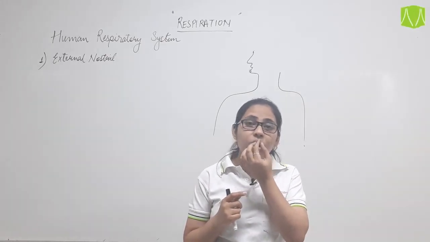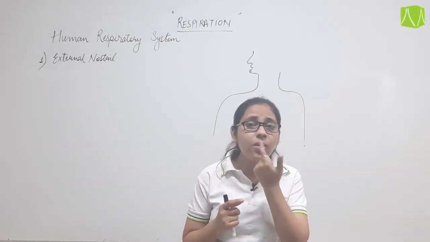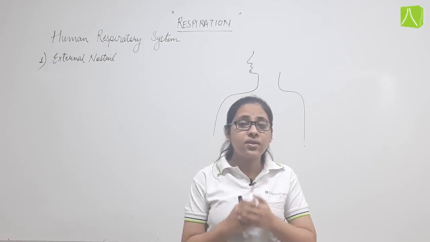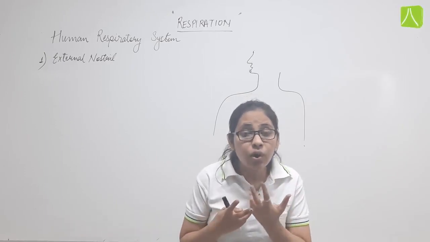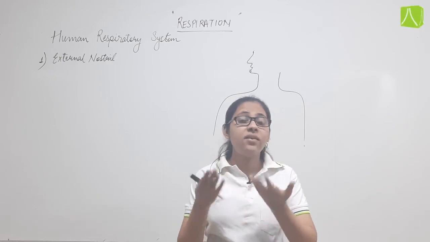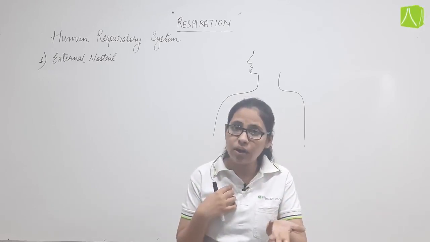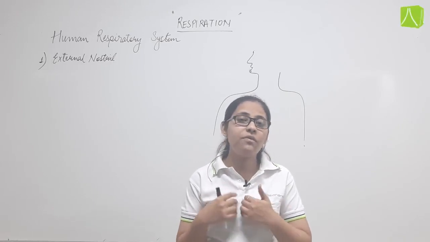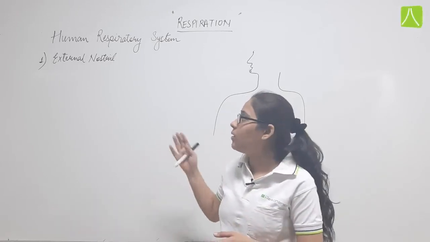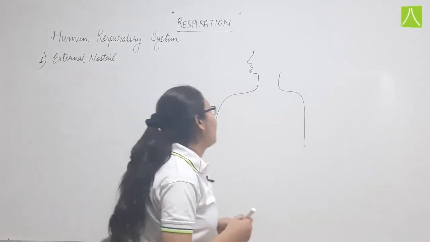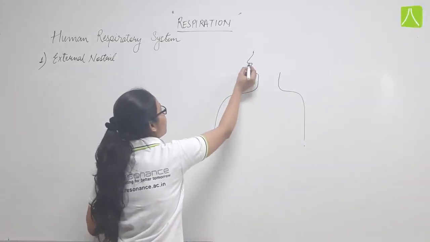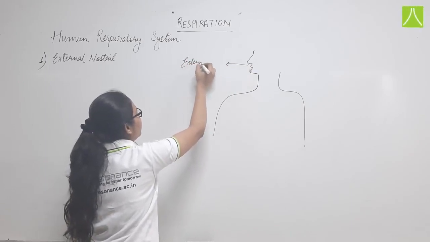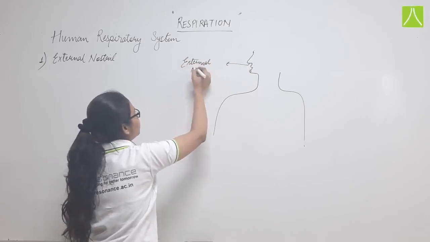Nose has two openings, which are known as nostrils. We call them external nostrils because they separate the individual from the surrounding. So the first one is the external nostril.